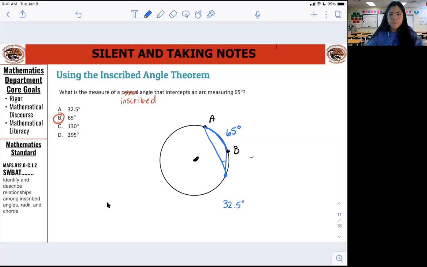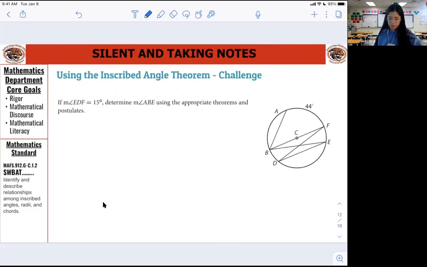Okay. All right. So now that we've got that cleared up, let's do a bit of a challenge. But I bet you guys can put it together. So here we go. We know that EDF is 15 degrees, and we're looking for ABE.